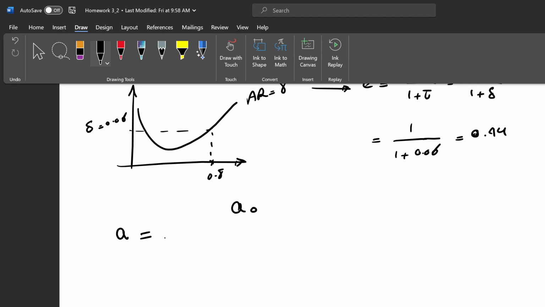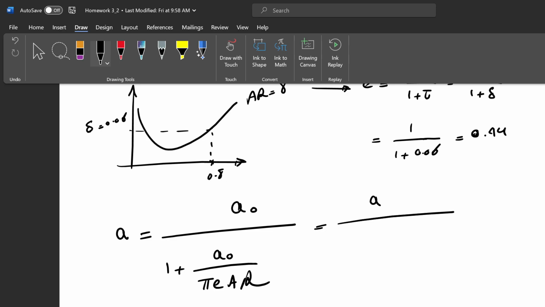It is A naught divided by 1 plus A naught divided by pi E AR. This is also equal to, we don't need to calculate the E separately, A naught divided by 1 plus A naught divided by pi AR multiplied by 1 plus tau. If you plug in the numbers here, for the lift slope, you're going to find 0.108.